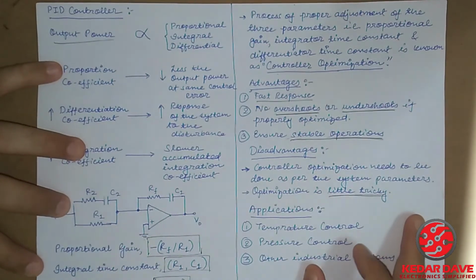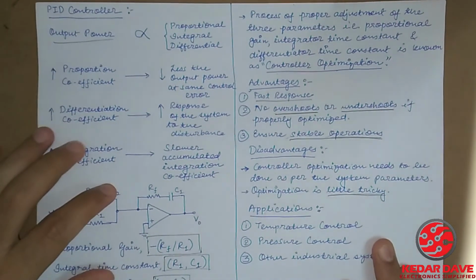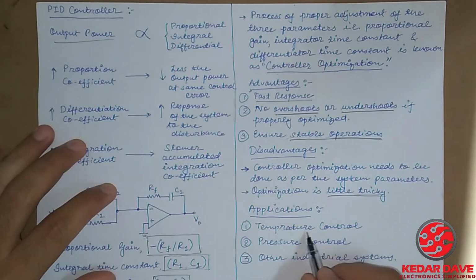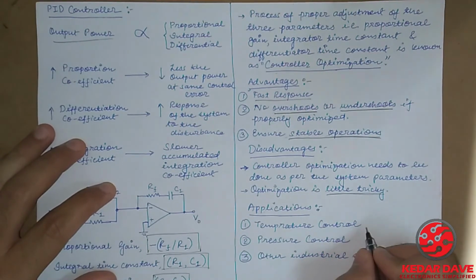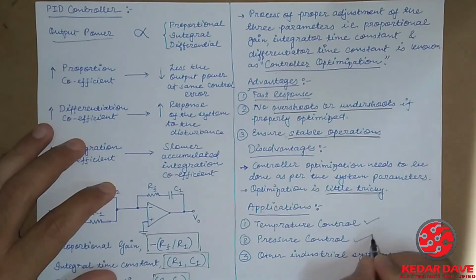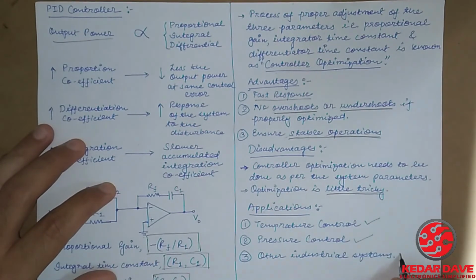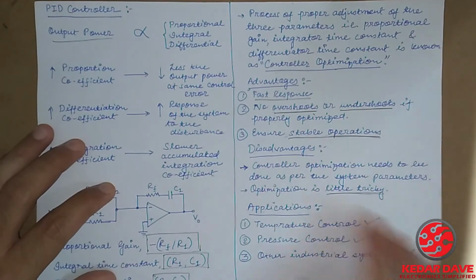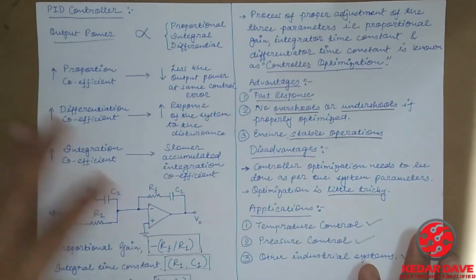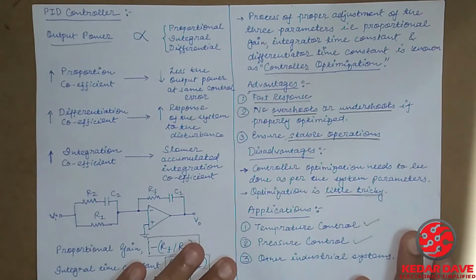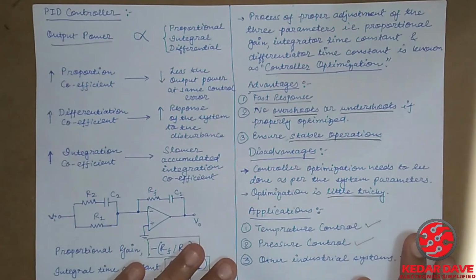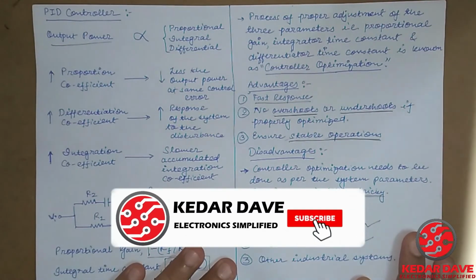And if you further check the applications, the main applications of this PID controller are temperature control, pressure control, and other industrial systems. Temperature control is quite useful, pressure control is quite useful, and many other industrial applications have this PID controller built in for the particular systems. Okay, so this way a controller can be described, and that's how a PID controller will work.